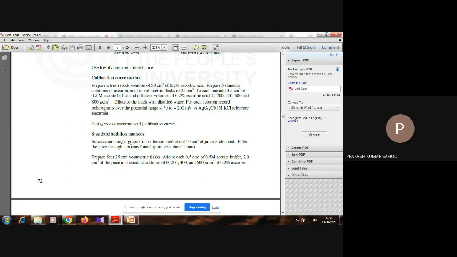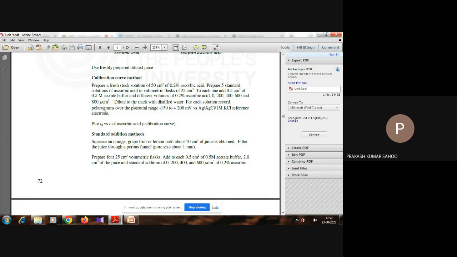And prepare 5 standard solutions of ascorbic acid in volumetric flasks of 25 milliliter. To each one, add 0.5 milliliter of 0.5 molar acetate buffer and different volumes of ascorbic acid. Then dilute to the mark with distilled water.